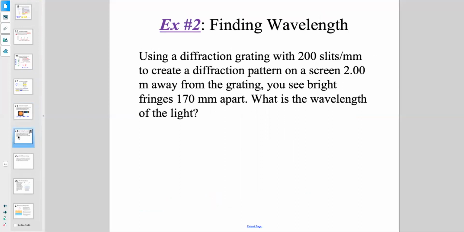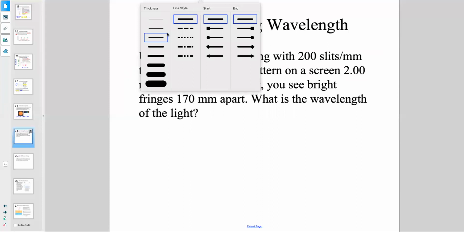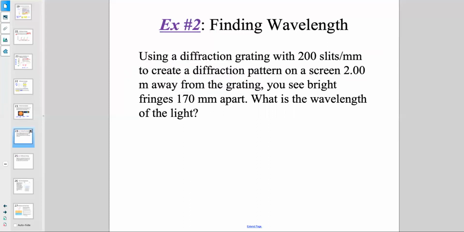Take a look at this question. Using a diffraction grating with 200 slits per millimeter, so we have 200 slits in each millimeter, we create a diffraction pattern on a screen 2 meters away.